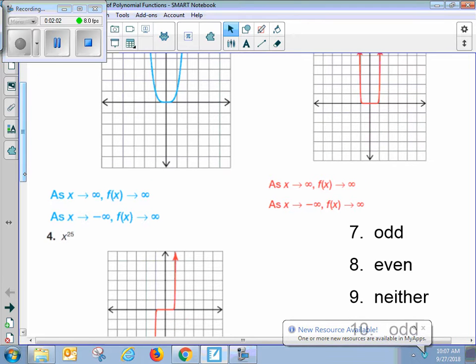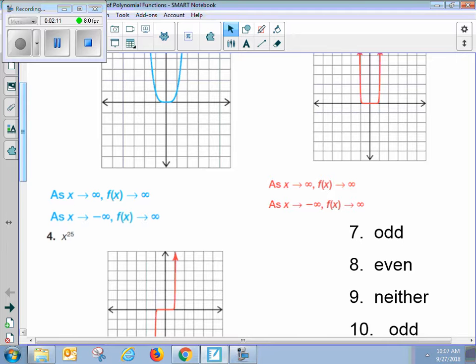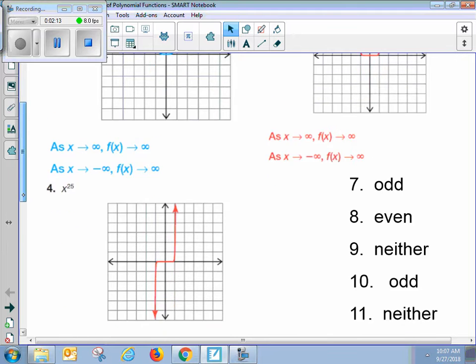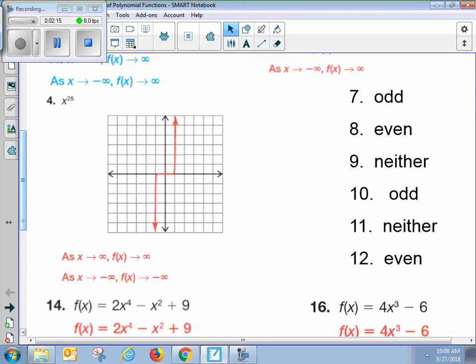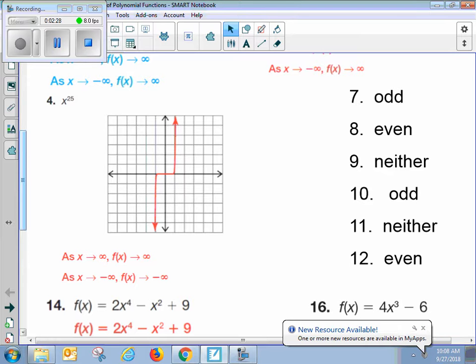Did anybody have trouble with anything with end behavior at this point? It's all year long. So if you get it now, you're going to love all those questions all year because it's the same thing. Okay, then we had to talk about even, odd, and neither functions. So you learned from a graph that to be an even function, it had to be symmetric about the... what was it symmetric about?